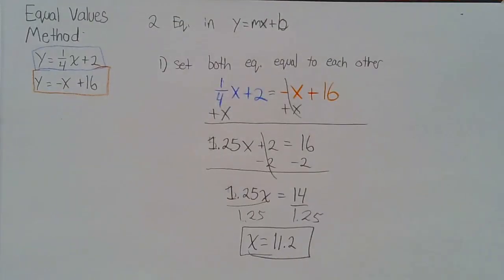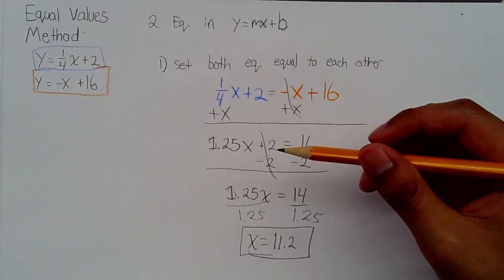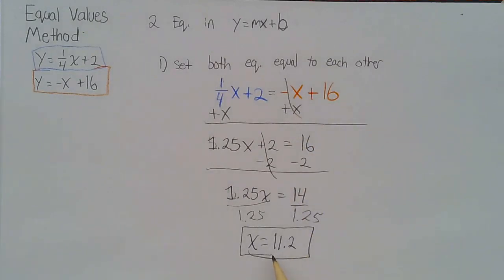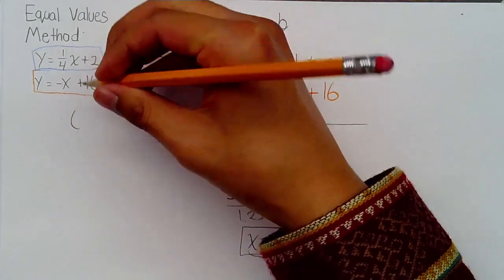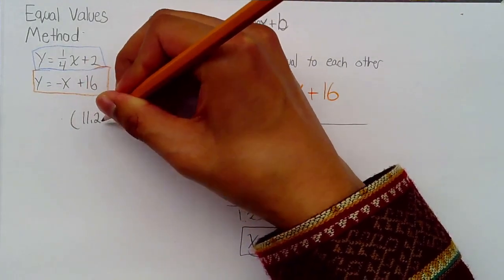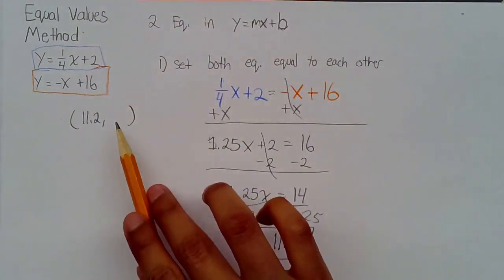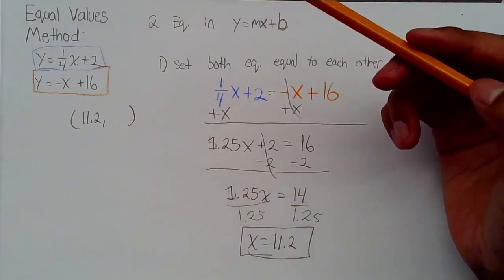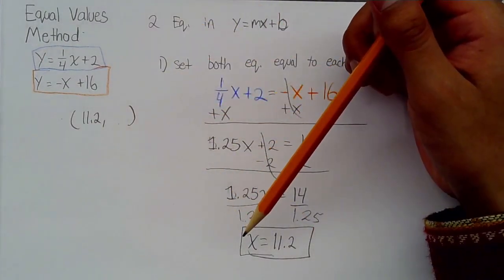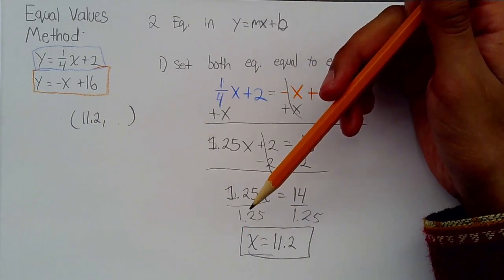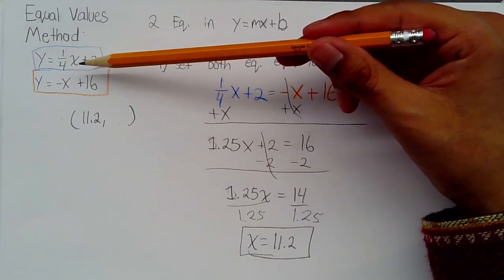And because our answer is going to be a coordinate pair x and y, we only have the x. We're not done yet. We need the y coordinate. And so from here, what you're going to do to solve for the y coordinate is, hey, look at that.